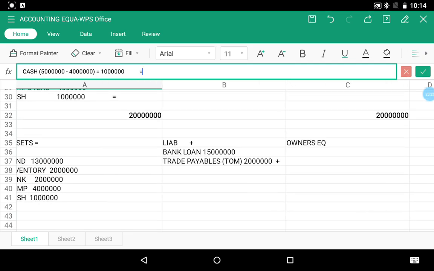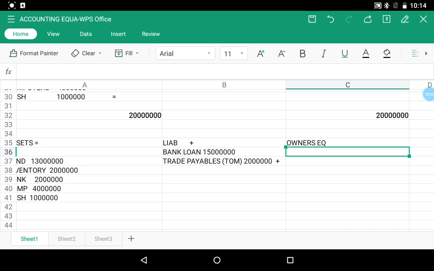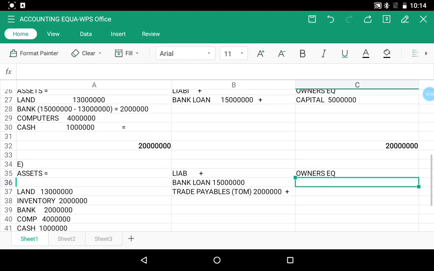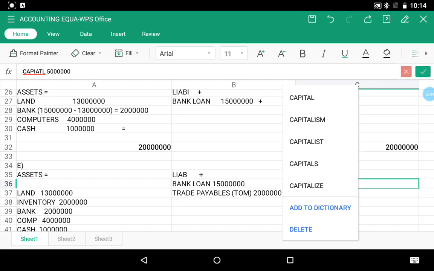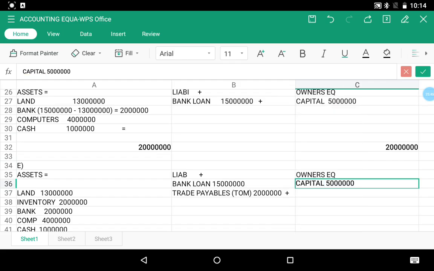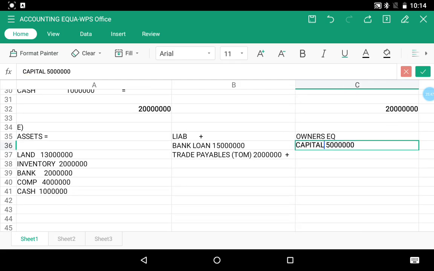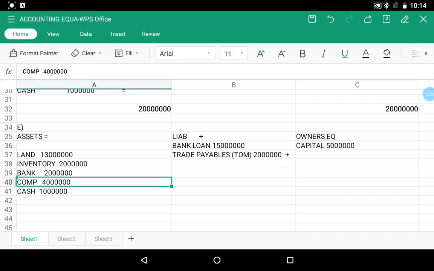Under owners equity, we still have our capital, 5 million. So we are going to first add our assets.